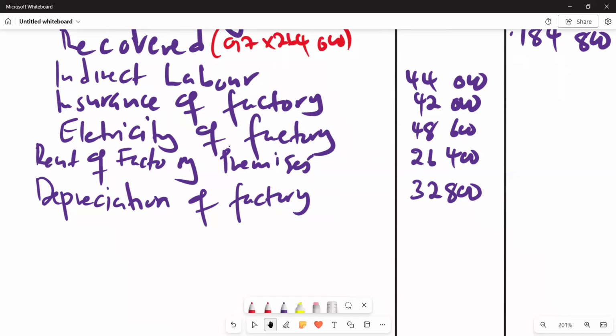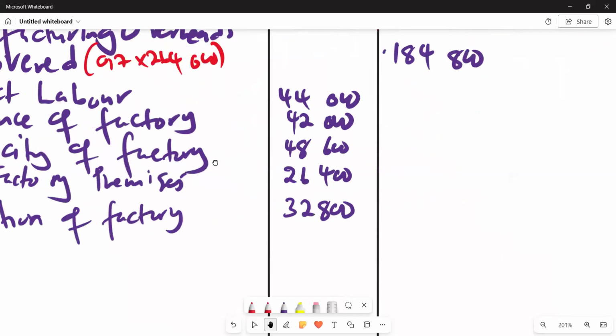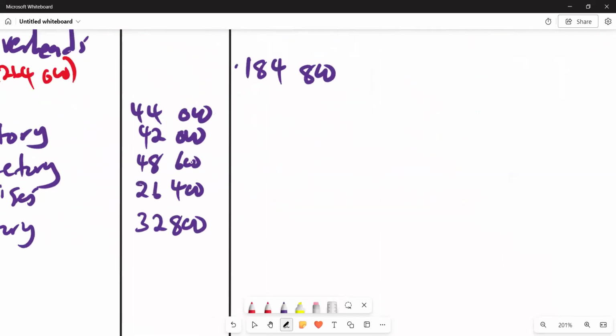The total that we are getting is 193,800. So 193,800 is the total. We are comparing it with this one for manufacturing overheads recovered.